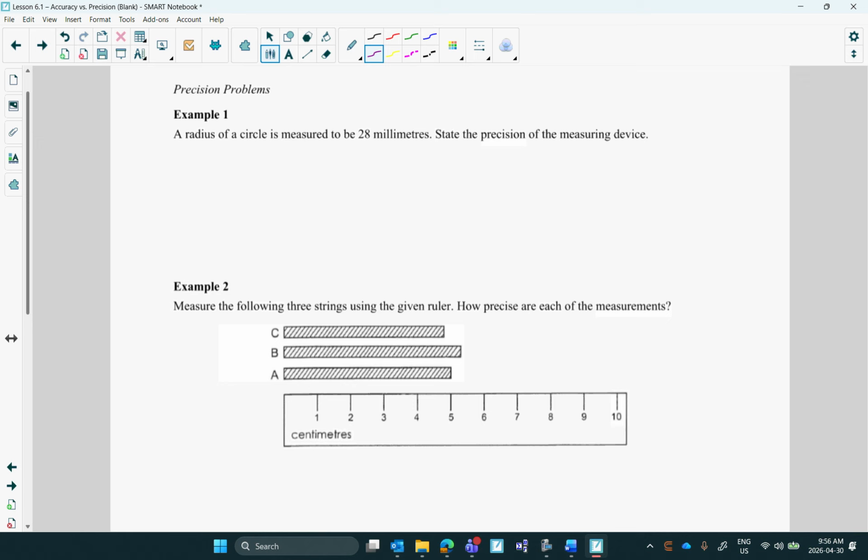All you do is you look at the last digit of the number and get its place. We don't go into decimal, would we? The most precise is 1 unit, right? Because this is the ones unit. So the precision would be nearest 1 millimeter.